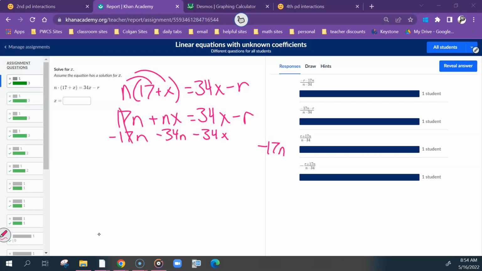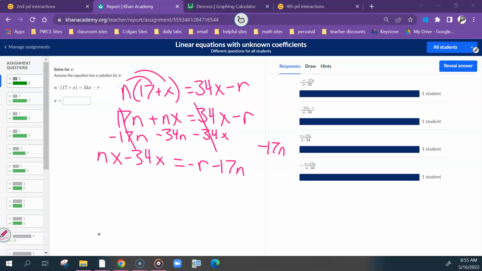So if I do that, these cancel, I have nx minus 34x equals negative r minus 17n. So now I have my x's on the same side, but they're not combined.